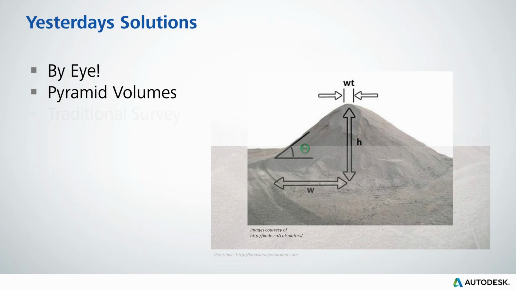And of course, that volume is very approximate because you're going to have large lumps in some areas where you may have valleys in others. And frankly, it's not very common to see a single stockpile that has just one peak like that. So you have to use kind of a combination.